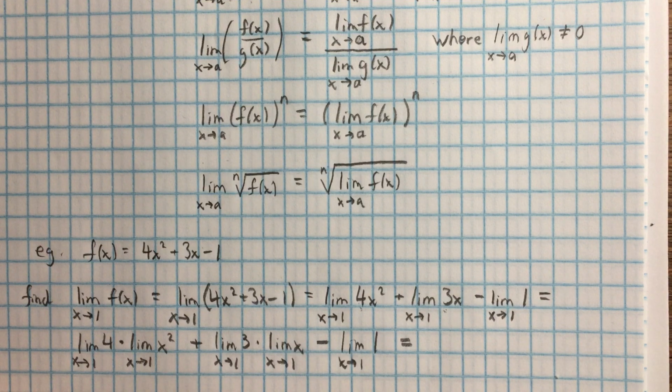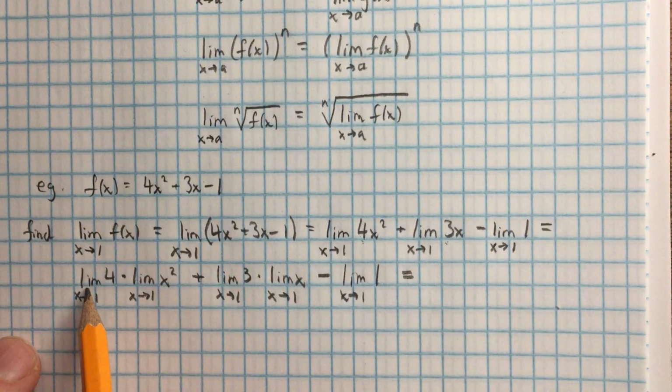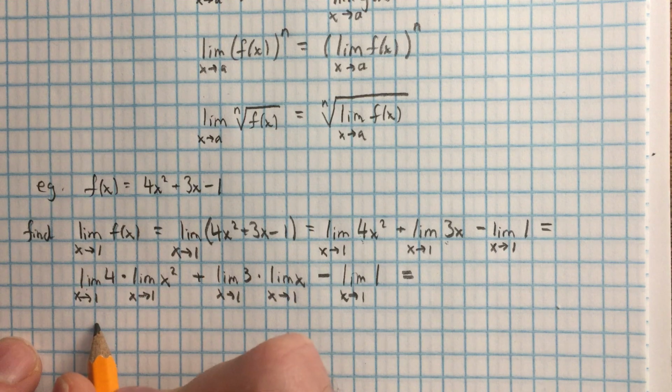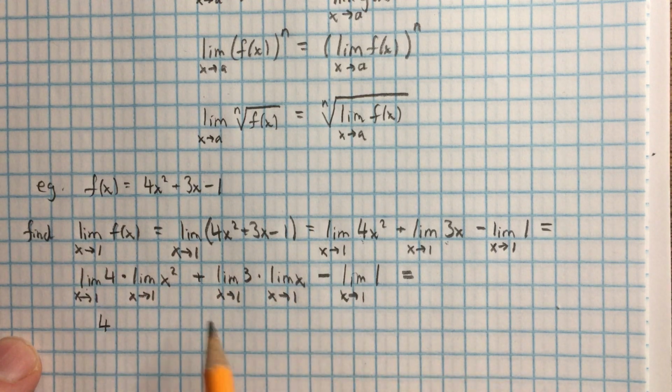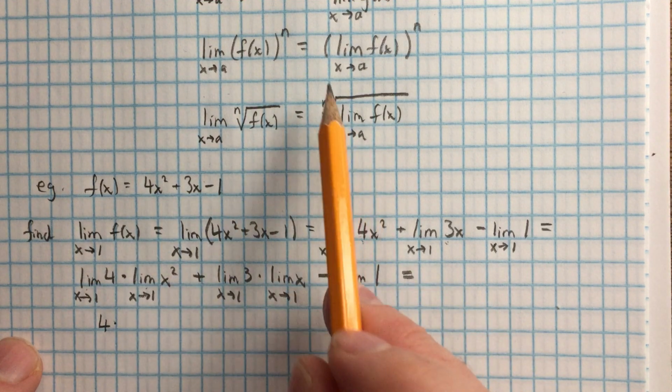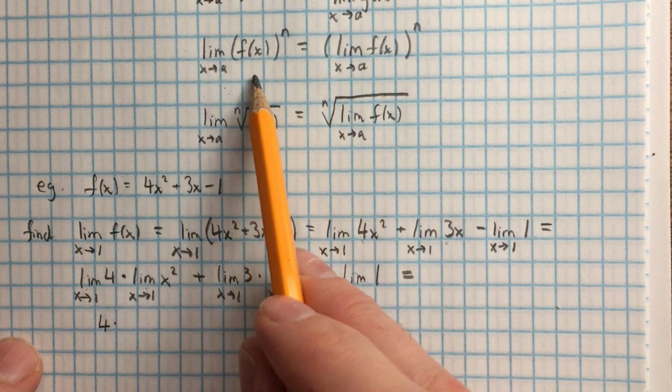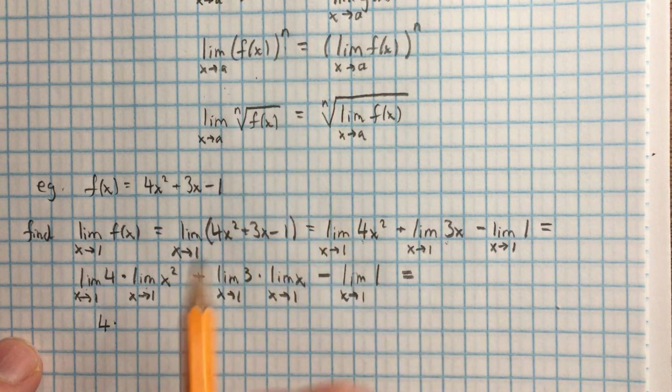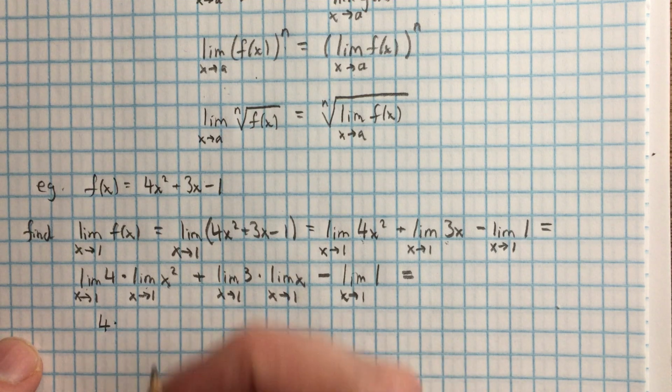We know that the limit of a constant is itself, so this should now be 4 times what? Times, we know that the limit can move inside an exponent. We saw that here. The limit can move inside and apply itself to the function within the exponent, and that function is just the x function, the identity function x.